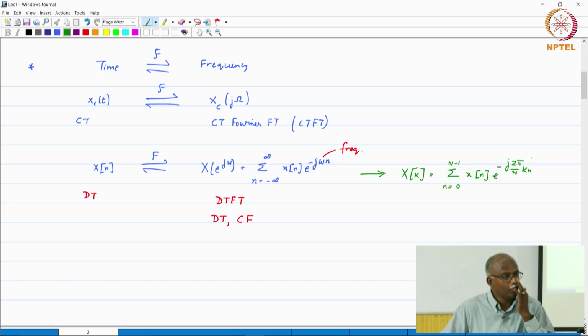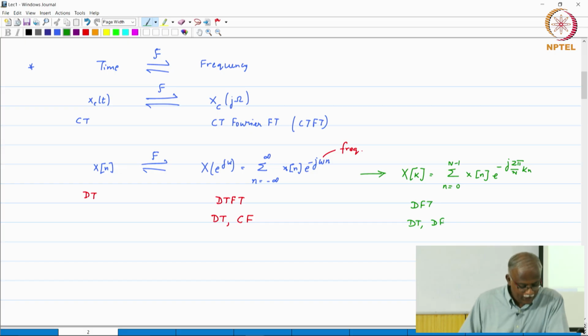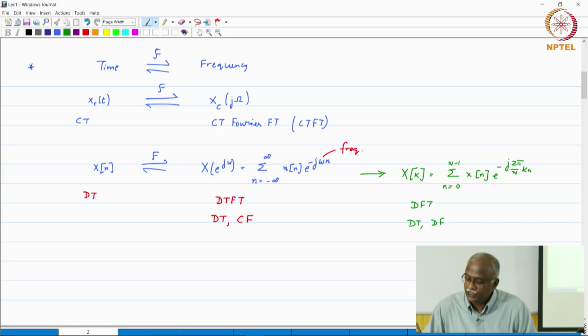What is this transform? The DFT, the discrete Fourier transform. It is discrete in time and discrete in frequency, and of course k goes from 0 through N minus 1.